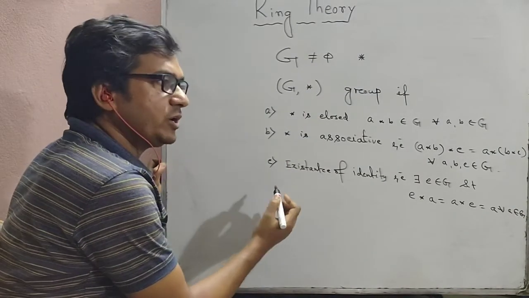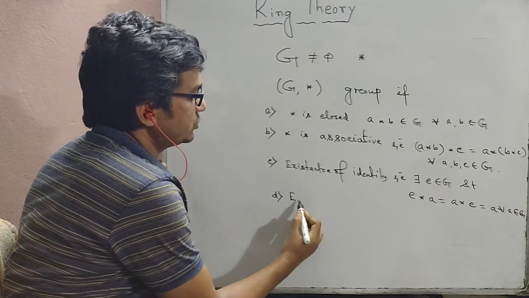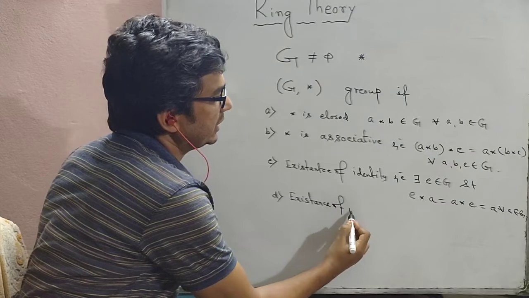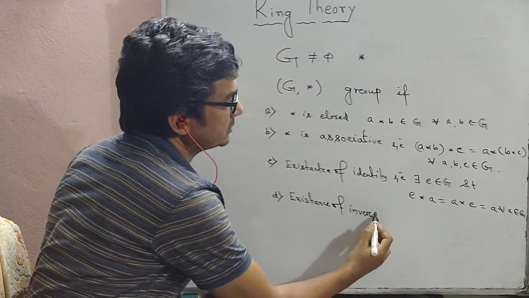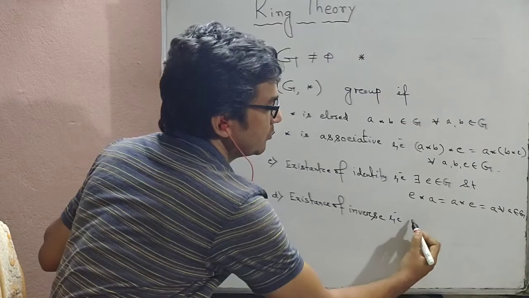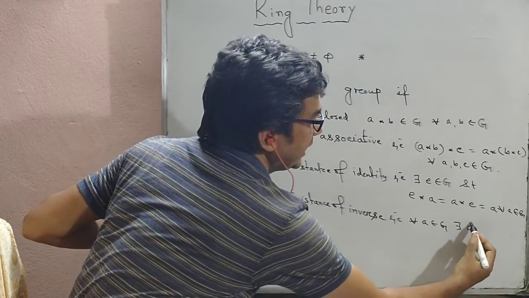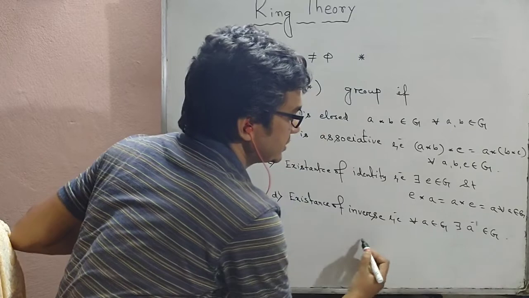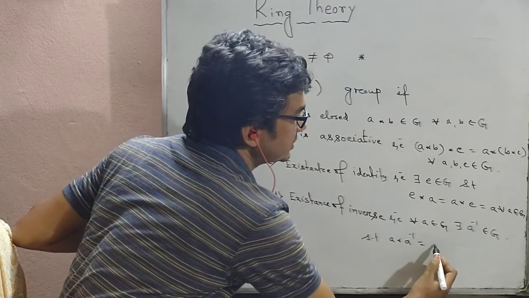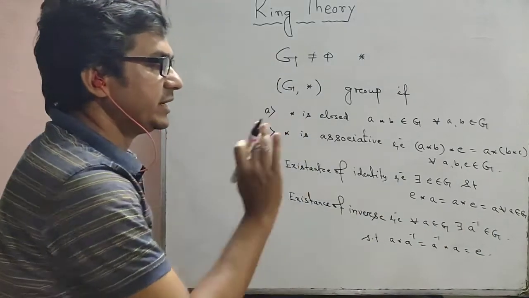And the last property of the group is existence of inverse, that is for all A belongs to G there exists A inverse belongs to G such that A star A inverse equals A inverse star A equals E, that is identity.